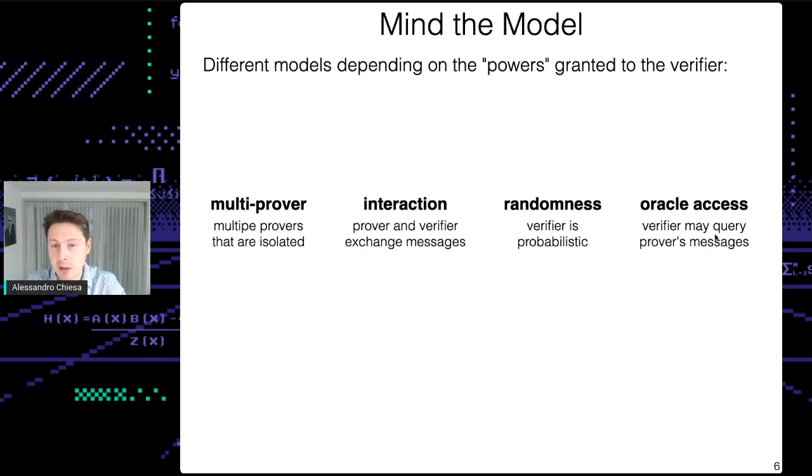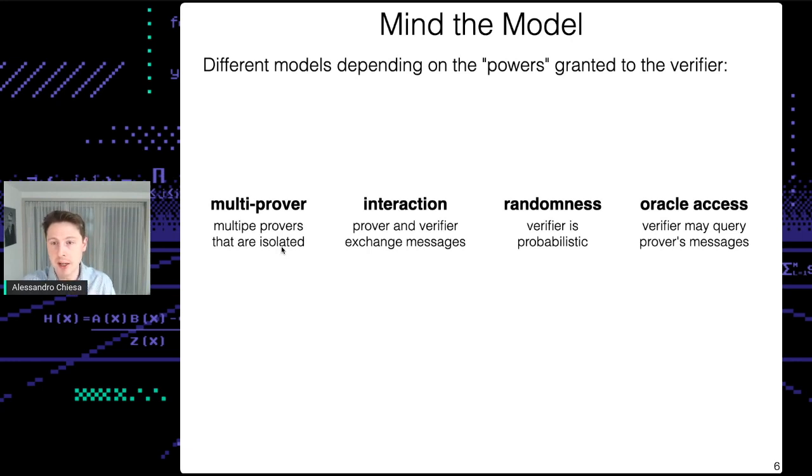One is what you could call oracle access, namely the verifier has the capability to query any location of the prover's messages without actually receiving the entire message. Another one is randomness, okay? The verifier is probabilistic. Yet another capability of a verifier could be interaction, namely the prover and verifier are exchanging messages during some conversation, at the end of which the verifier may accept or reject. Yet another is that the verifier may have access to multiple provers that are physically isolated, they cannot talk to one another.